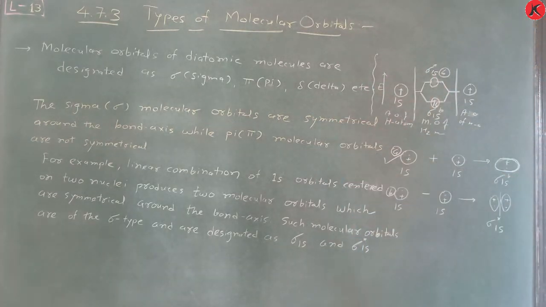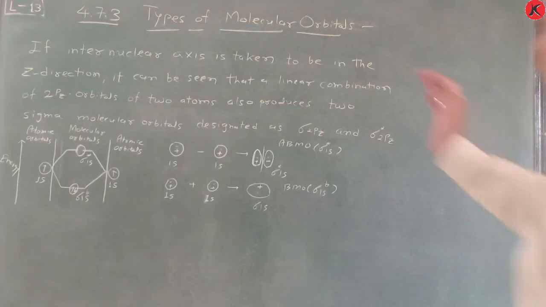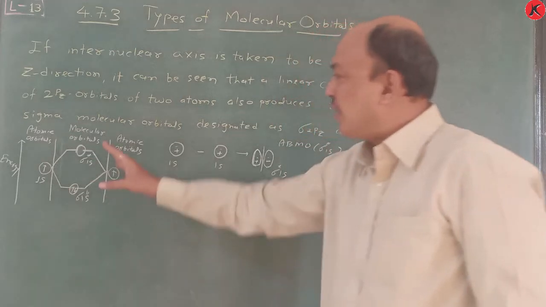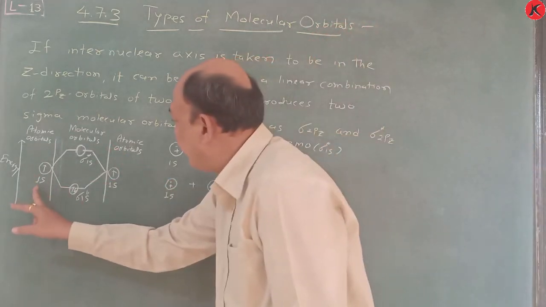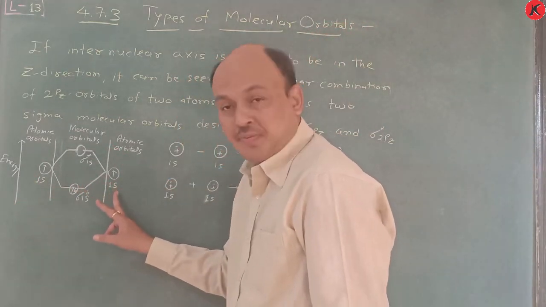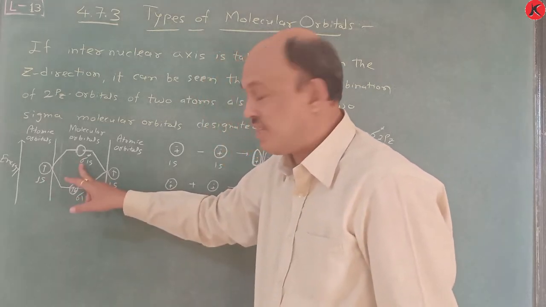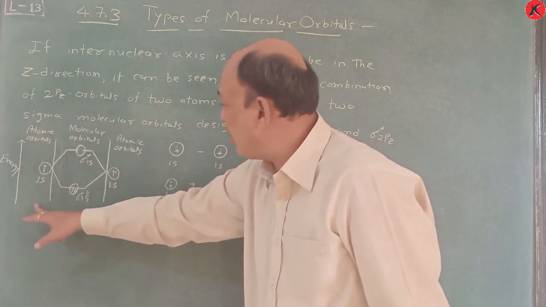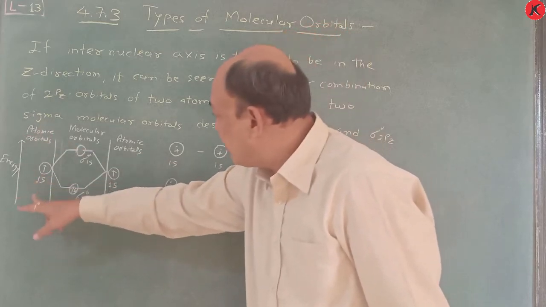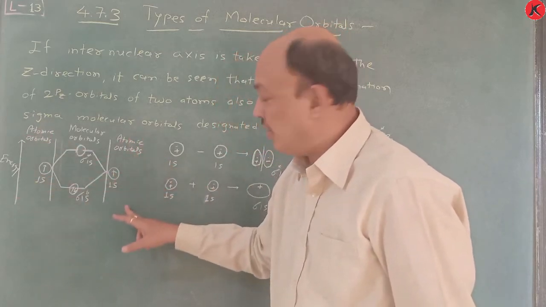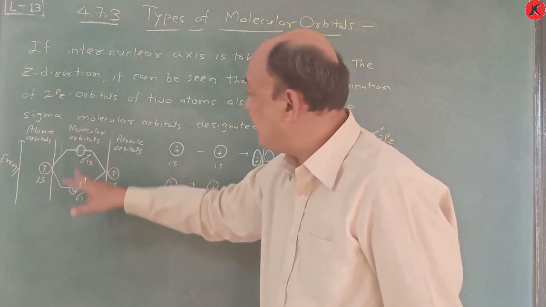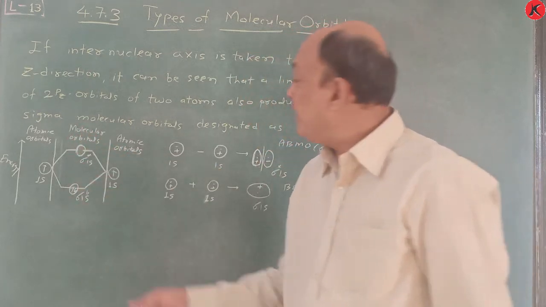Now we see another orbitals also. Take a screenshot. Don't read this sentence. The 1s orbital of one atom and the 1s orbital of another atom combine and produce sigma 1s bonding and sigma star 1s anti-bonding. These are the atomic orbitals of the hydrogen atom, and these are the molecular orbitals of the H2 molecule.